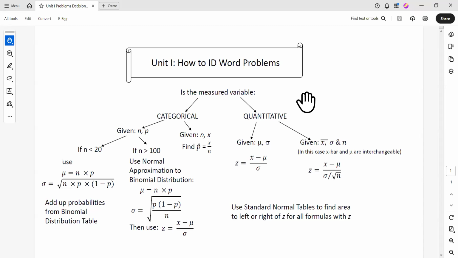We can also, if we are asked questions about probabilities, use the binomial distribution table. And if you're looking for the equivalent of an area to the left or an area to the right, what's the probability of getting 5 or more successes, for example, then you're going to add up the probabilities from that binomial distribution table for 5, 6, 7, however many you have.